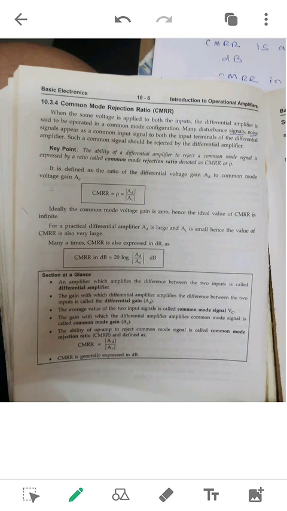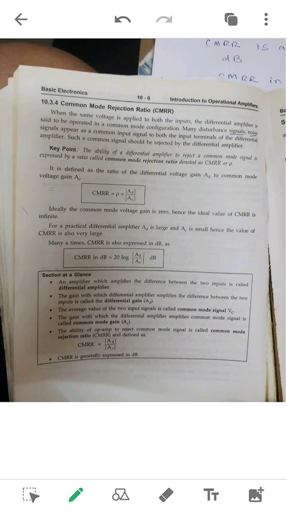Many disturbances and noise signals are present in the common mode configuration. These noise or unwanted signals appear at the output. So we have to reject these unwanted noise and disturbances.